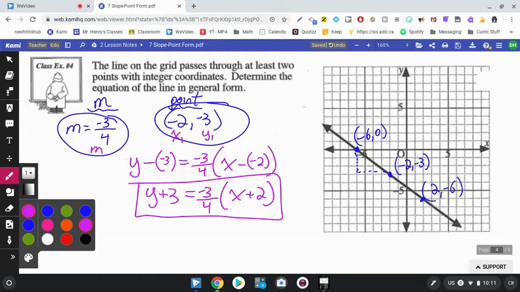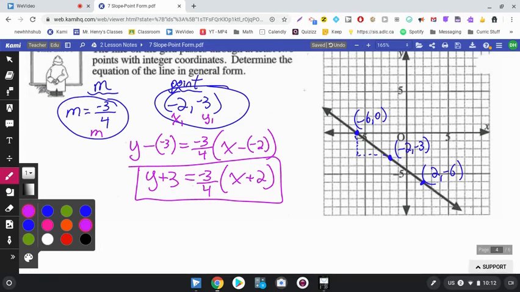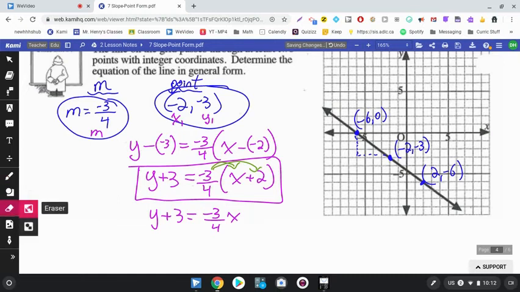But I was a little bit greedy. I asked for a little bit more and I said, let's go to general form. General form just means I have to go a little bit further than slope-y-intercept, but I still got to get rid of these brackets, so let's do that. Y plus 3 equals negative 3/4 x plus negative 3/4 times 2, so actually it would be minus 3/2.